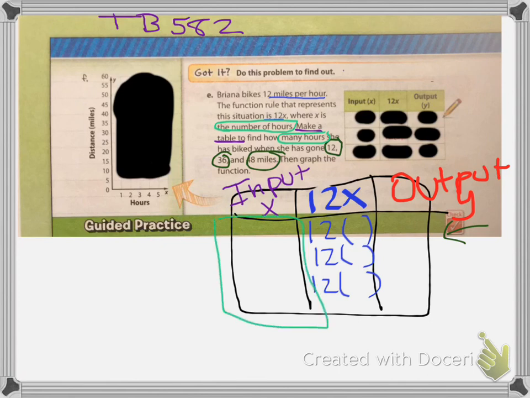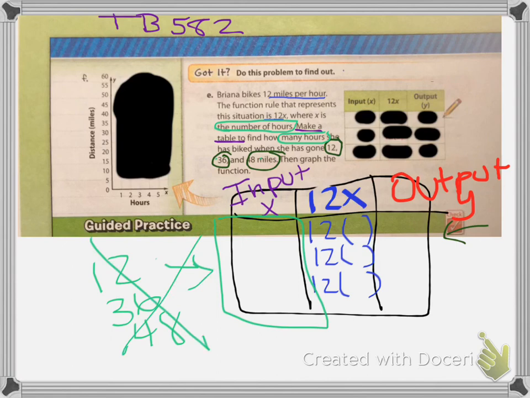So the 12, 36, and 48 cannot go in here because you're solving for here. So by process of elimination, that means they have to go here. So it'll be 12, 36, and 48.